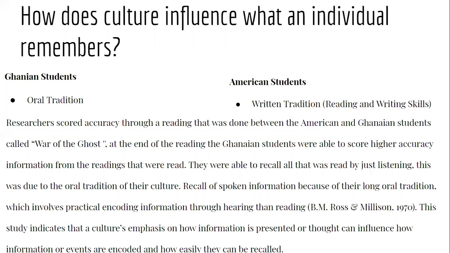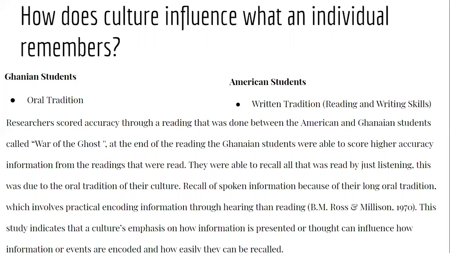However, in Ghana's culture, the children are taught through spoken words, meaning they do more oral tradition. Instead of reading and writing, because in Ghana there are fewer private schools and fewer textbooks.